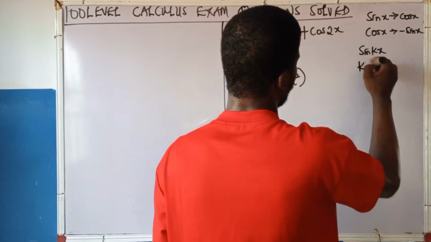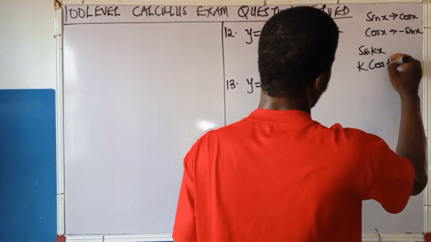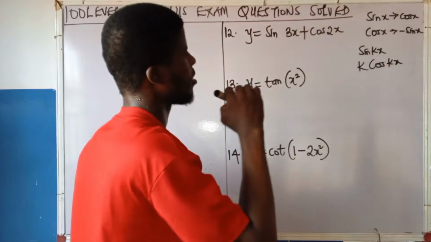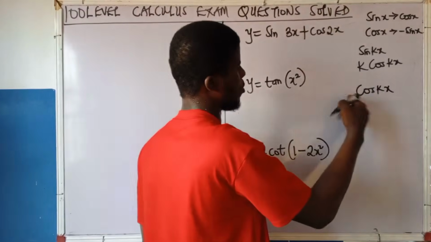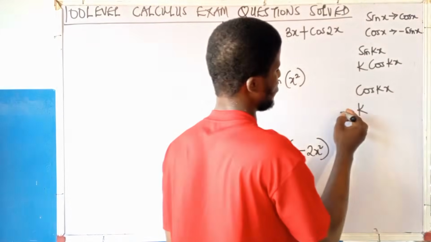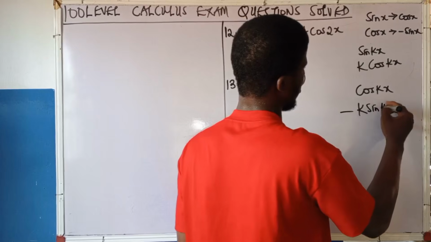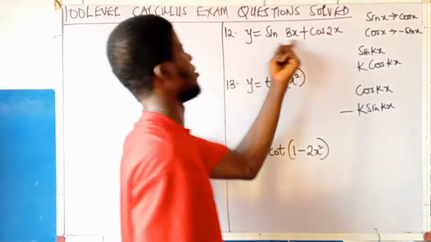I'll be having k, and differentiate sine to get cos, so I'll have cos kx. Then if I differentiate cos kx, the k is going to come out as well. Differentiate cos to get minus sine, so that will be minus k sin kx. It's quite easy.